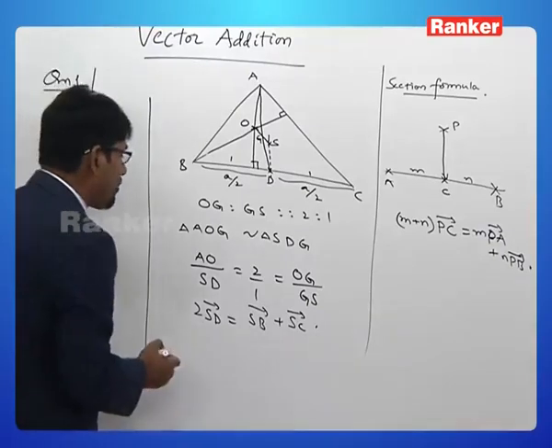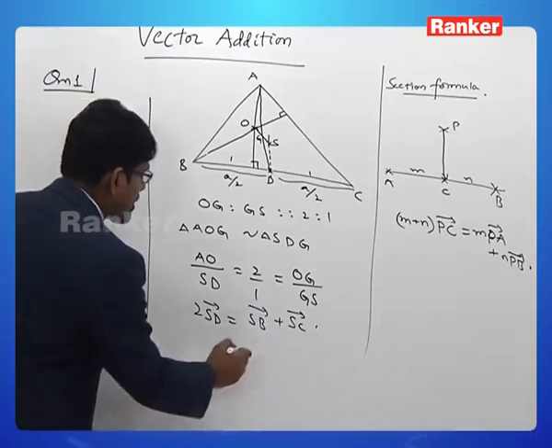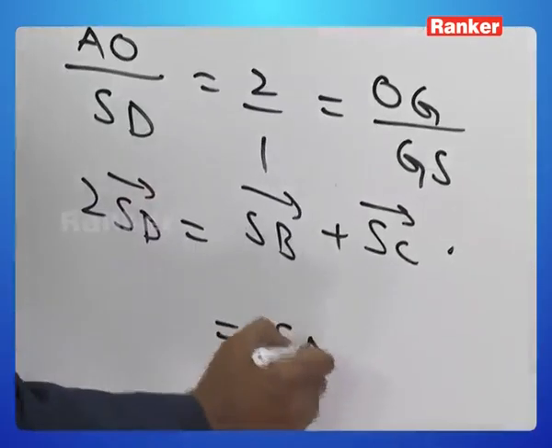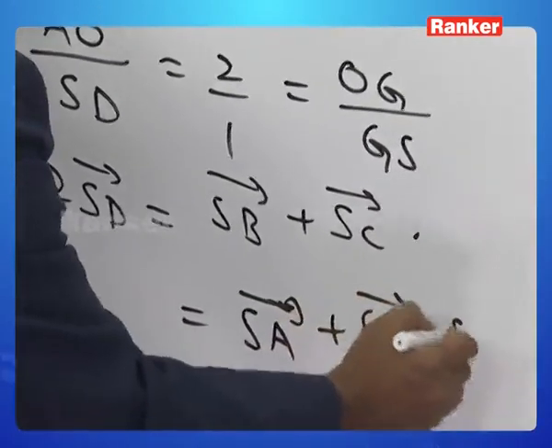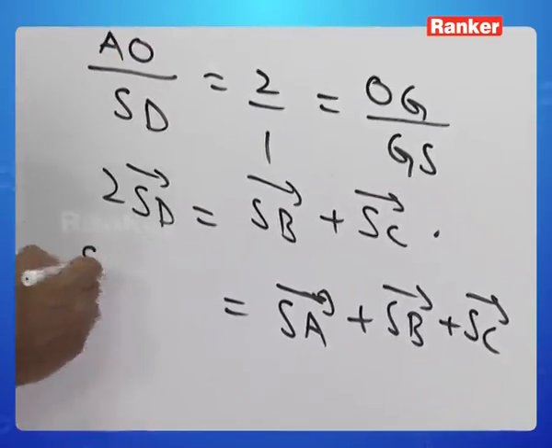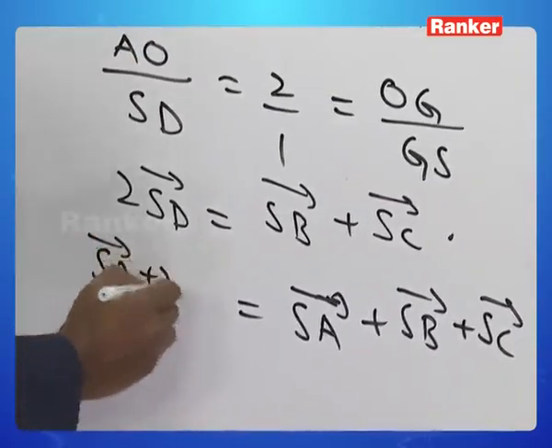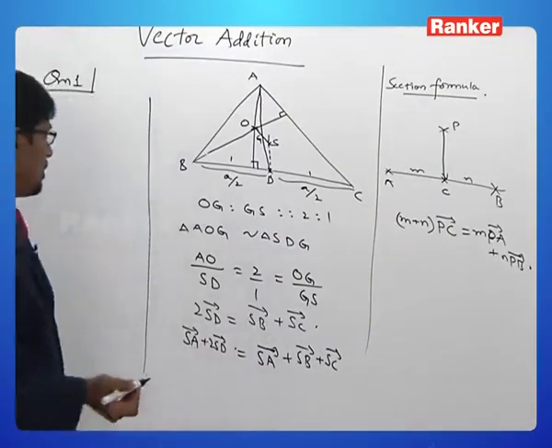Let us add SA both sides. SA plus SB plus SC will be equal to SA plus 2 times SD.